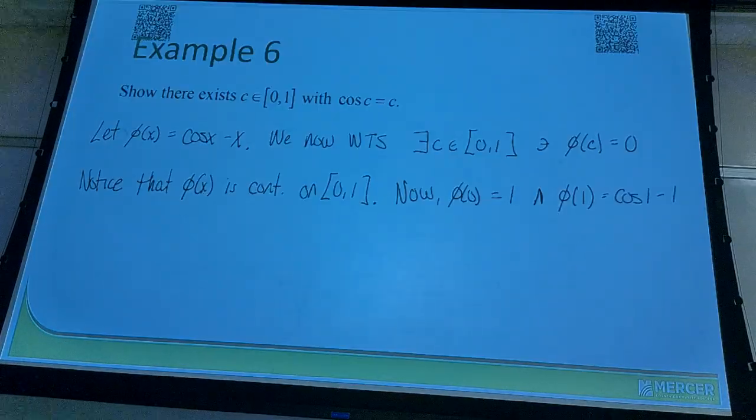Isn't that cosine of 1 minus 1? What's cosine of 1? 0? No. No, I'm saying the answer is 0. No. Am I? One is greater than 0.